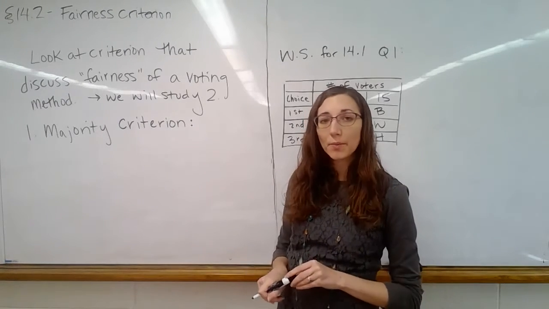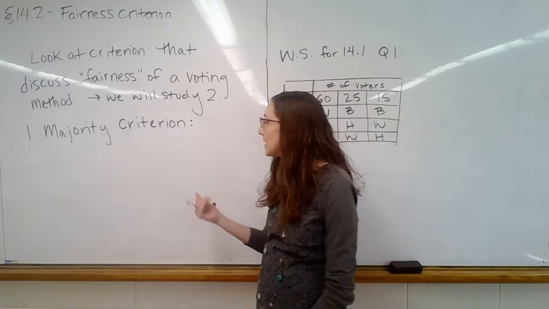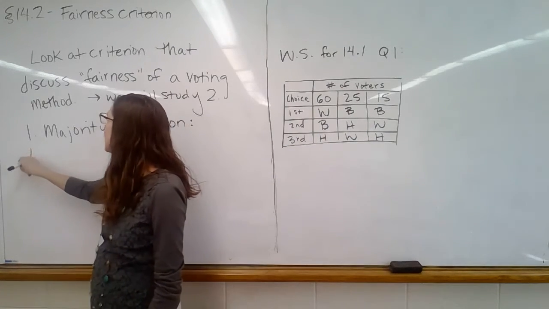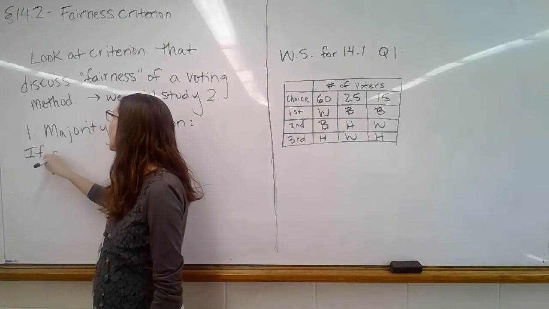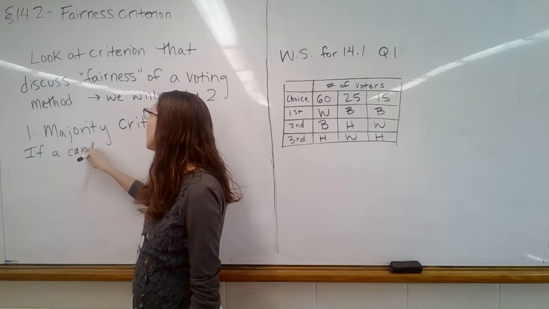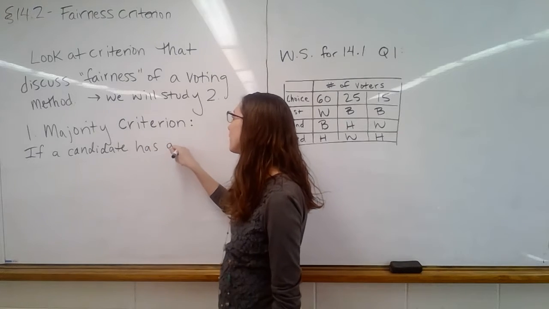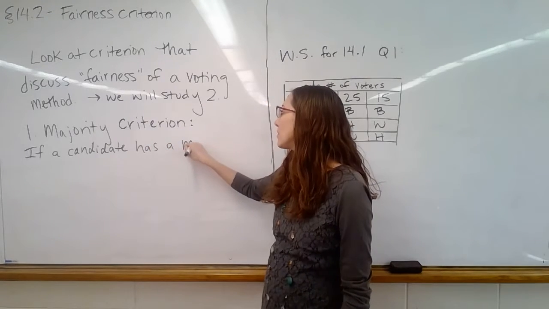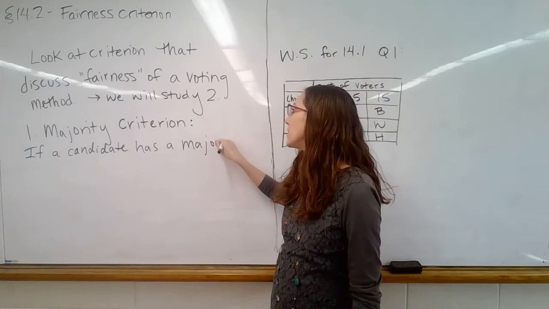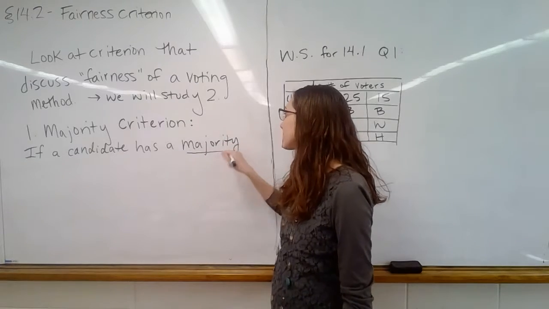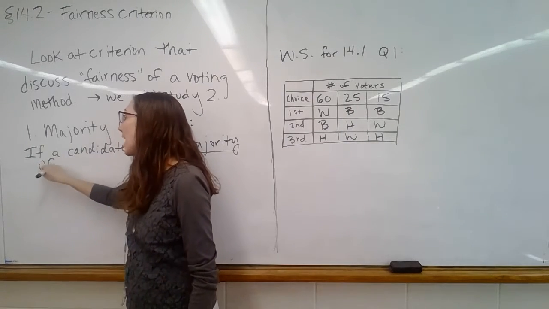So as you can tell, it probably has something to do with majority. So what this criterion says is if a candidate has a majority of first choice votes, and notice, it is a majority, not just a plurality.